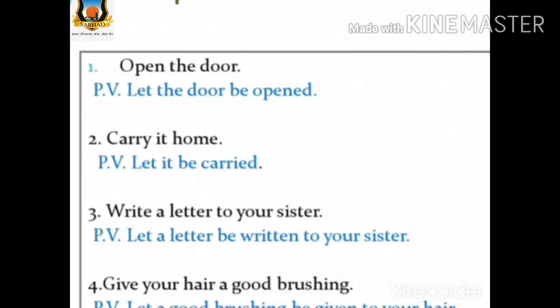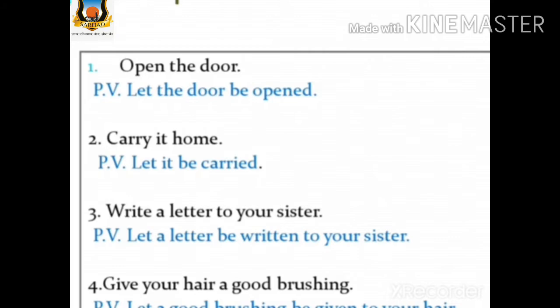So the sentence comes here: let a letter be written to your sister. Clear, everyone? Write a letter to your sister is converted into let a letter be written to your sister.